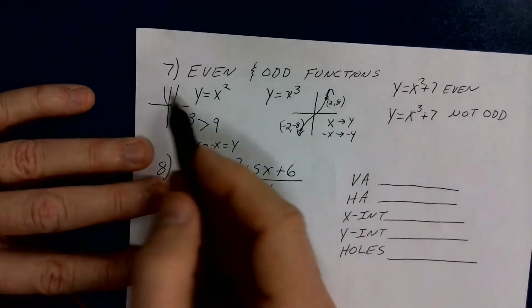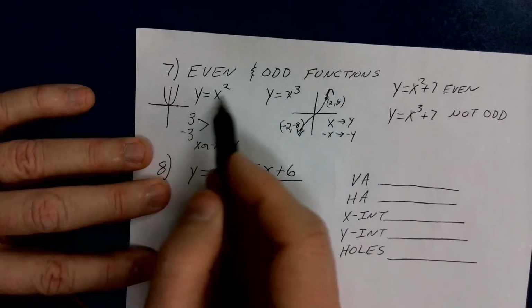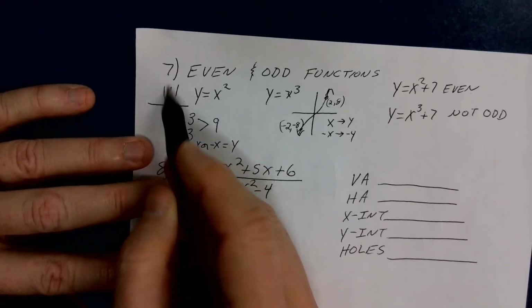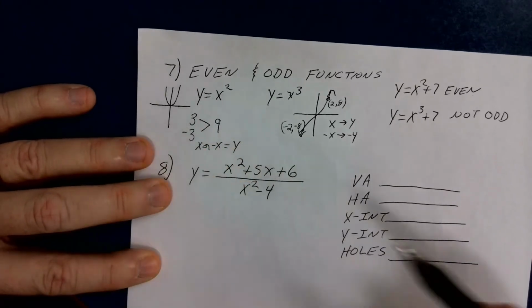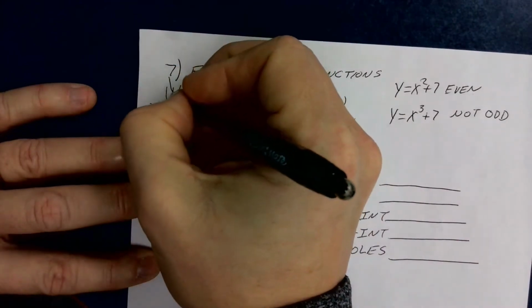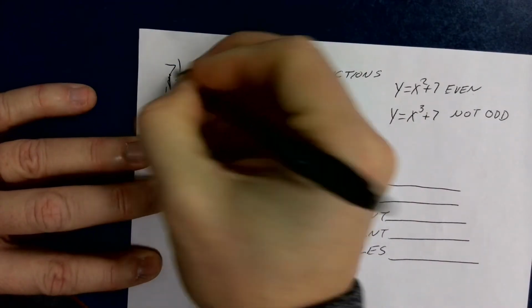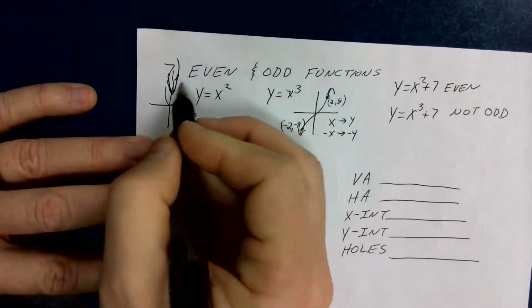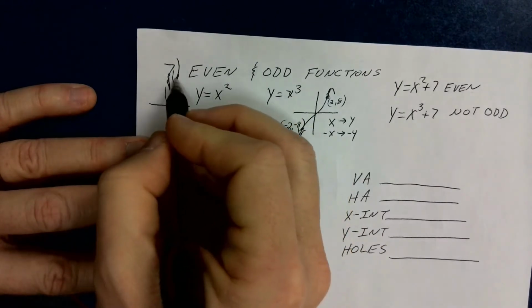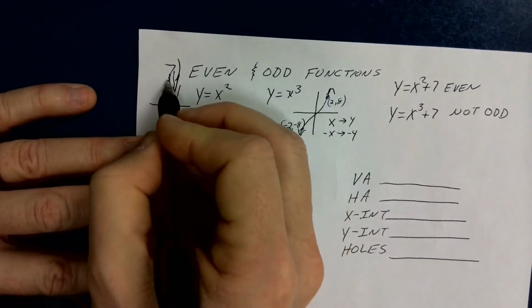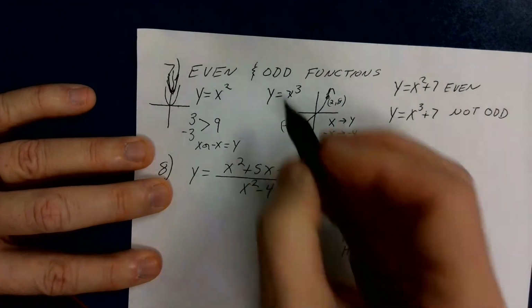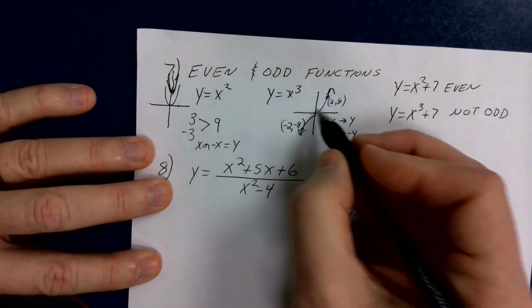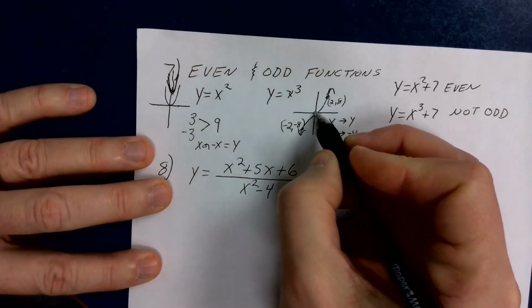Well, the x squared, again, to be even, needs to be symmetrical about the y-axis. So if I do x squared plus 7, that's just a parabola that's been shifted up 7, and it's still symmetrical, so that a given x will give you a certain y, and the opposite of x will give you that same y. However, an odd function has to have symmetry around the origin.